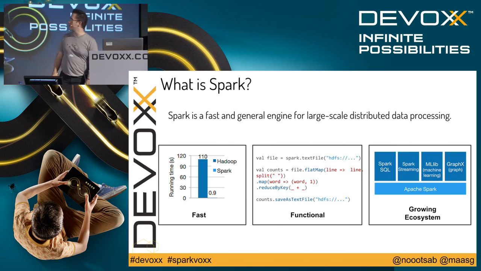It's very fast. The chart we have there is provided by the guys at Databricks, where they have compared Hadoop and Spark, almost 100 times faster in this specific benchmark, very beneficial for Spark.